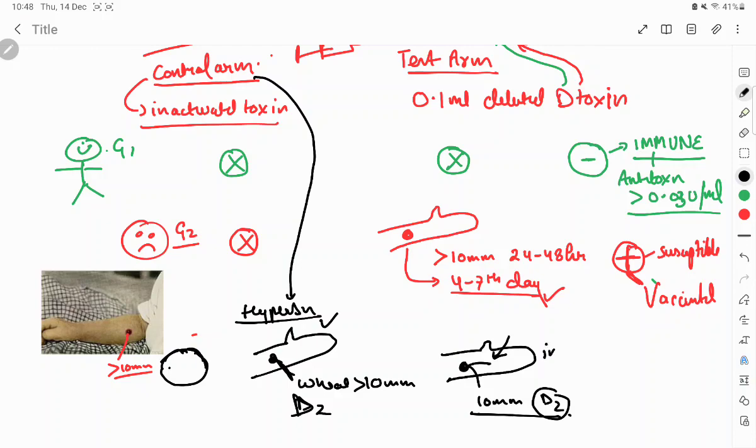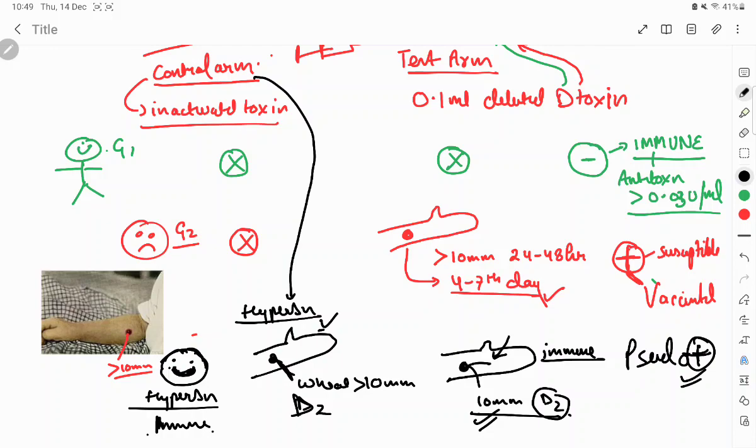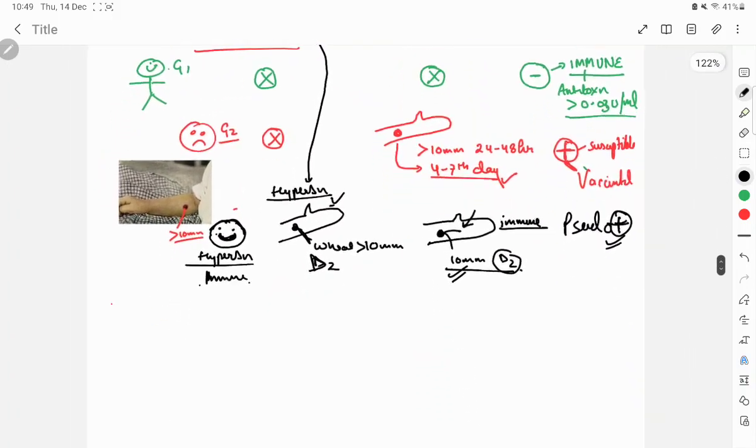So the patient is immune but hypersensitive. He does not need to be vaccinated because he is already immune. This scenario is known as pseudo positive. The patient comes out positive because of a hypersensitivity reaction, but actually the patient is okay.